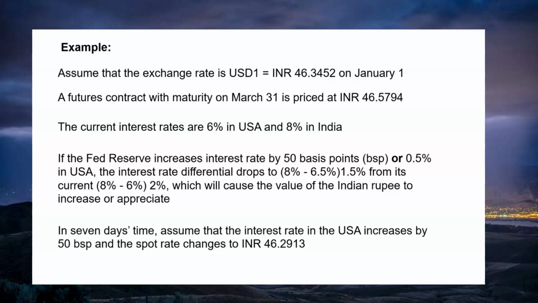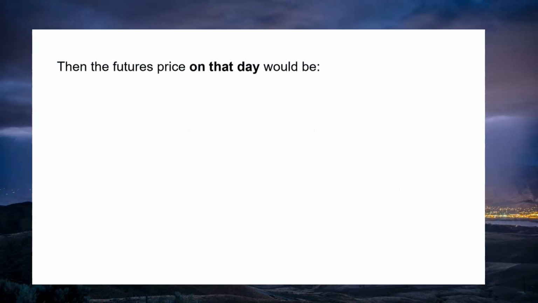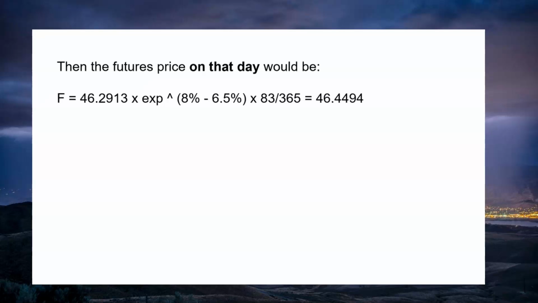In 7 days' time, assume that the interest rate in USA increases by 50 basis points, nothing but 0.5%. The spot rate changes to rupees 46.2913. Then the futures price on that day would be calculated as below.